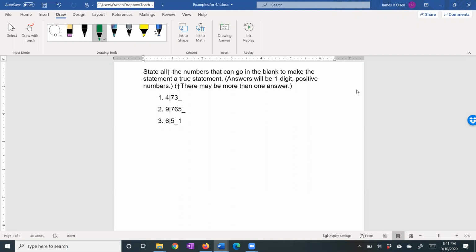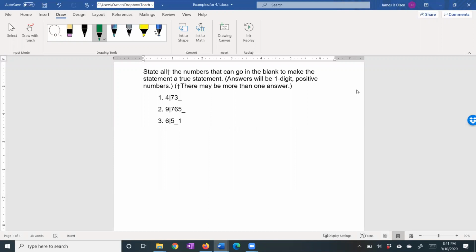So question number 1. 4 divides evenly into 730 something. So we have to think about and apply our divisibility test for 4. 4 needs to divide 30 something. So our candidates are 30, 31, 32, 33, 34, up through 39.